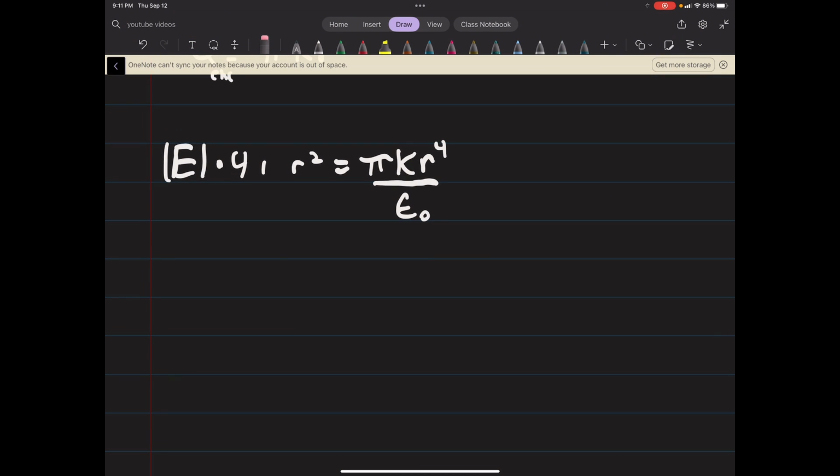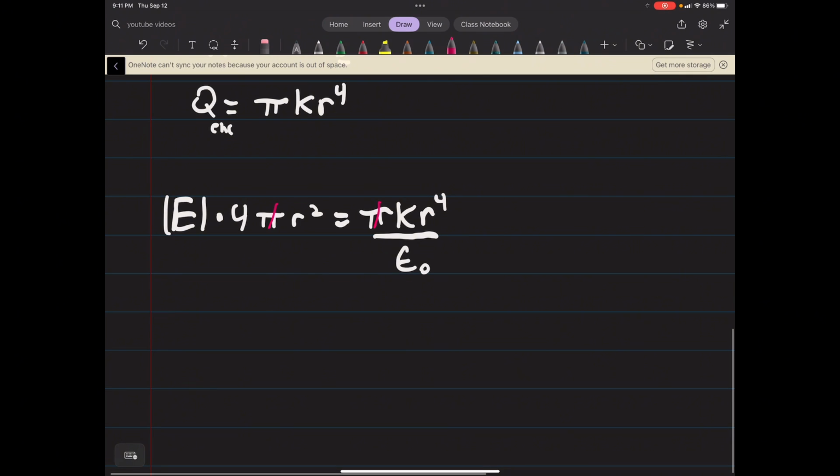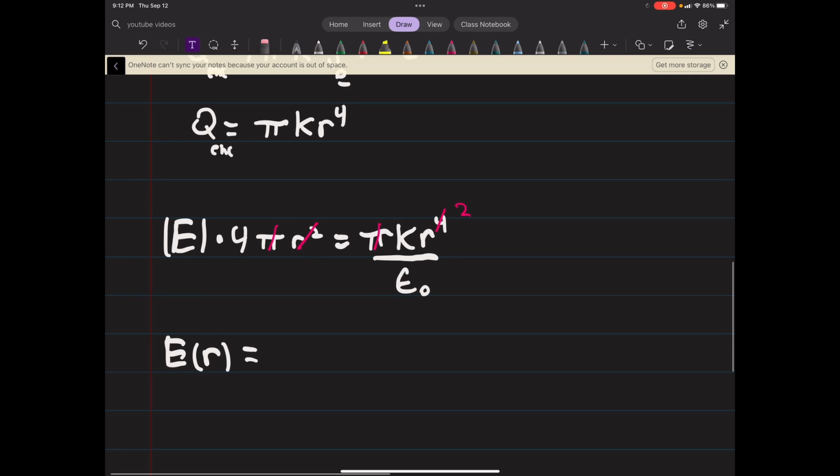Now we can divide, we can see clearly the 4 pi's will drop, 2 of the r squares will drop, and then your electric field as a function of r is going to be k r squared over 4 epsilon naught in the r hat direction.